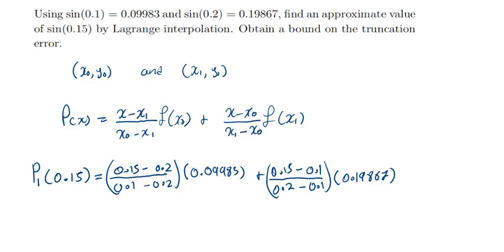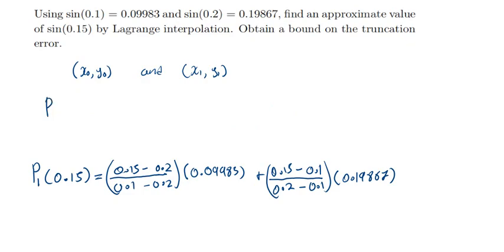So all you have to do here is just punch your calculator and you're going to get a value. So using Lagrange interpolation here, our approximation for 0.15, if I punch those values on my calculator, with 0.09983, then you are adding that and multiplying by another one, 0.19867.